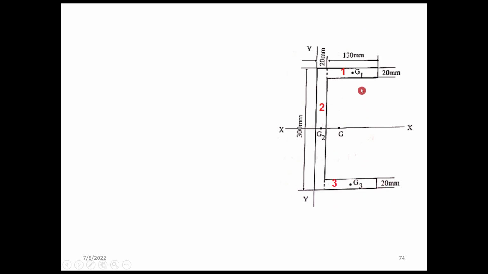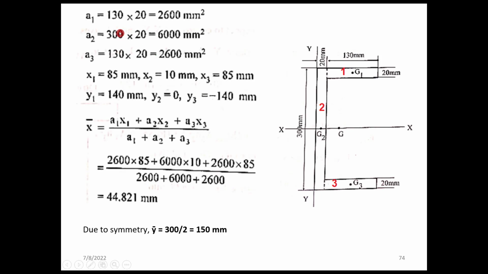There will be an easiness in this problem, I'll explain that. G1 is the centroidal axis of the first area alone, G2 for the second area, G3 for the third area, and G is the centroid of the total area. So we can find the areas A1, A2, A3, all known to you.